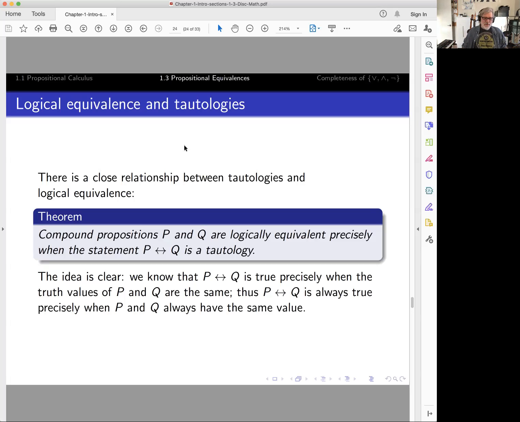So our theorem here is that if two compound propositions P and Q are given, they are logically equivalent, meaning they have the same truth table, precisely when the statement P if and only if Q is a tautology. These mean exactly the same thing. So you can talk about logical equivalence, or you can talk about tautology. You're talking about, in a sense, the same thing.